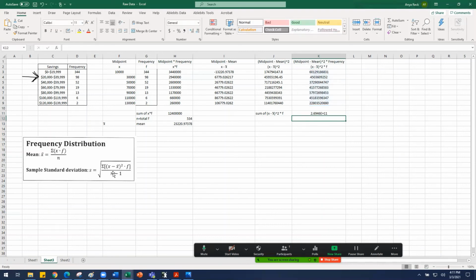The denominator says n minus 1. Remember that n equals the total frequency. So we're going to do equal the sum of your frequency, close parenthesis, minus 1. And then we're going to divide those.